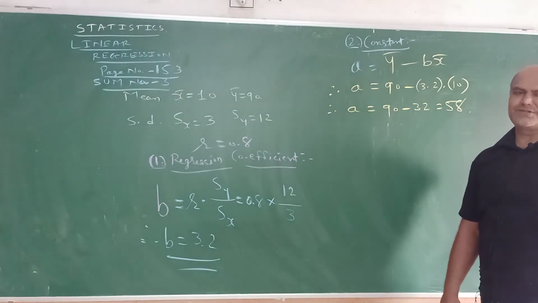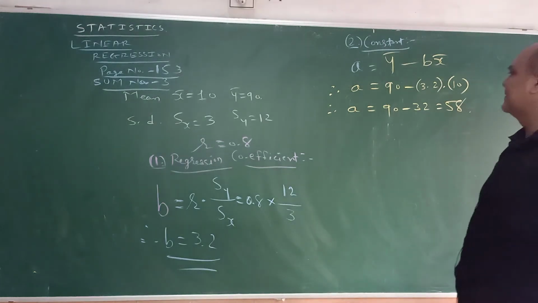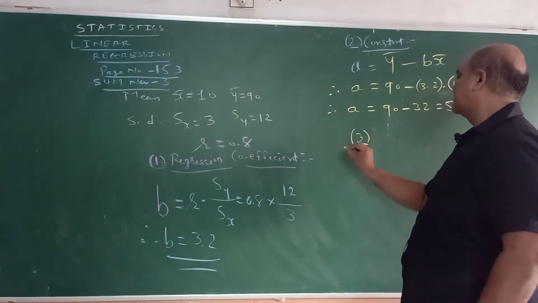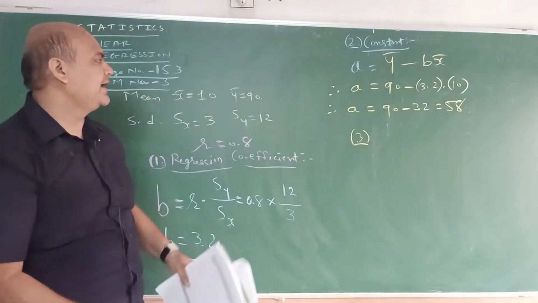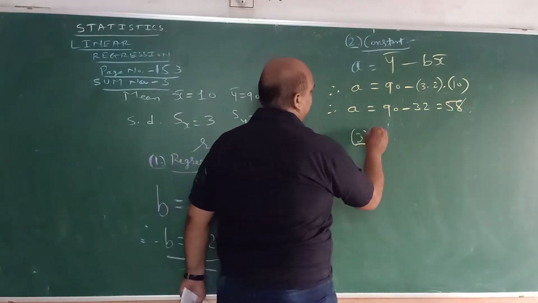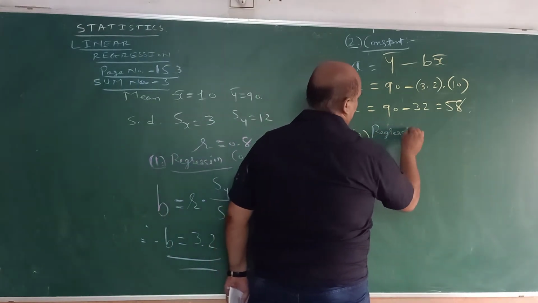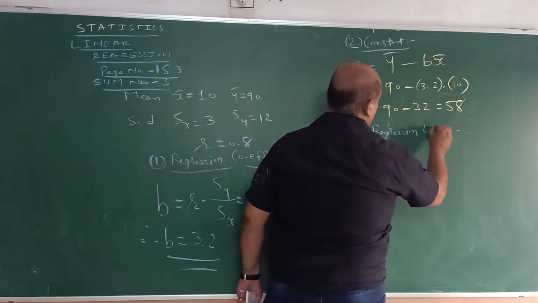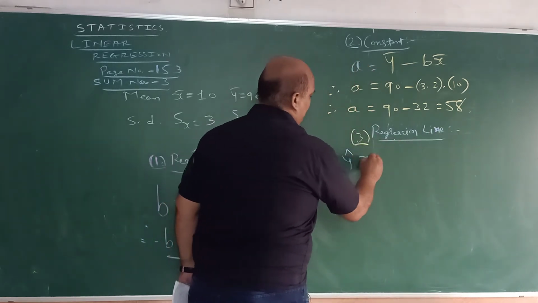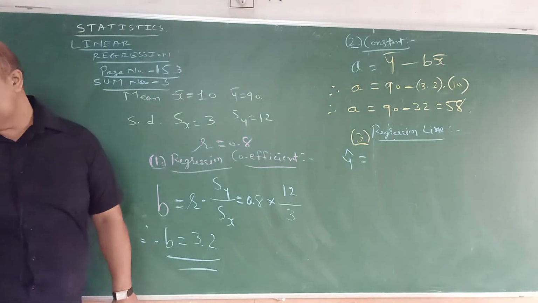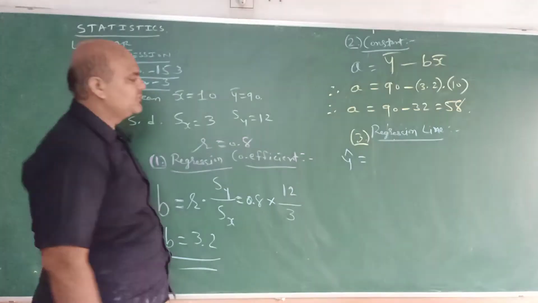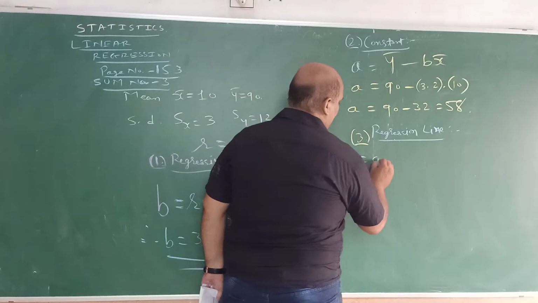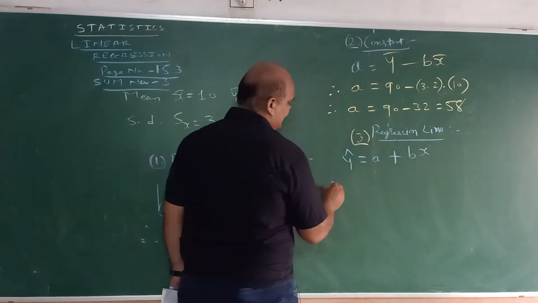We can find the constant. The third step, my dear friends, is to find the regression line. The formula of the regression line is y cap equals a plus bx.